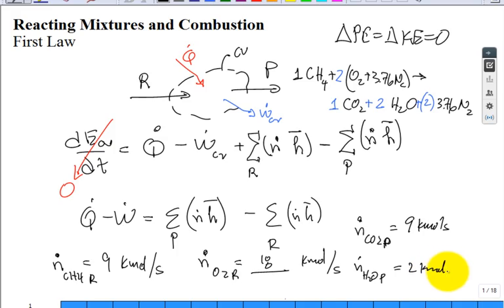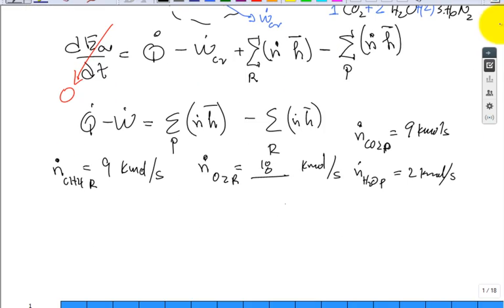And you do the same thing for the nitrogen. Well, what you can do is say, I want to take, and that's H2O going out in the products. If I do this, what is the ratio of the number of moles of oxygen in the reactants to the number of moles of CH4, the fuel, in the reactants coming in?